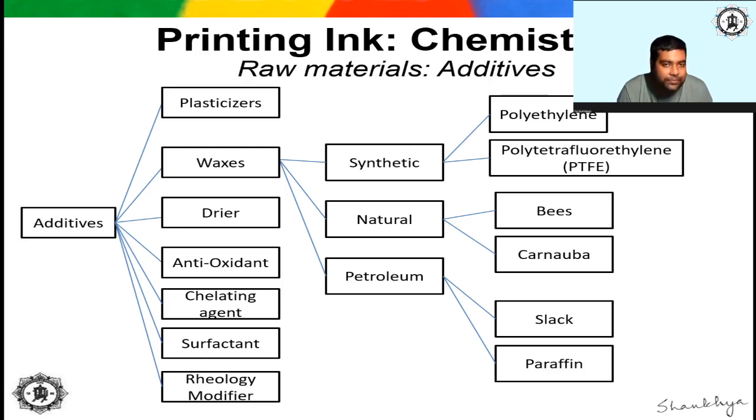That is not wanted. That is why, to improve these surface properties, you can have these waxes. This is one example, and many other examples are there. There is a classification based on the origin of the wax, like synthetic, natural, petroleum, etc. Petroleum wax is obtained from petroleum distillate, during the fractionation distillation process of petroleum.